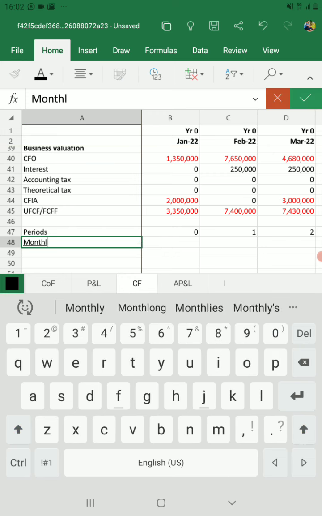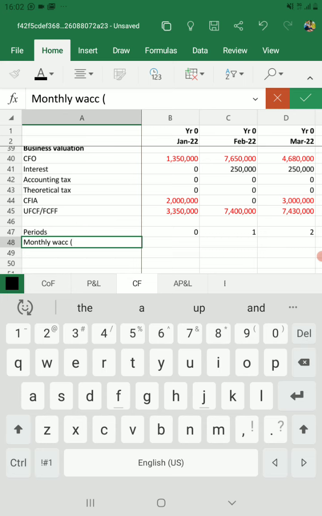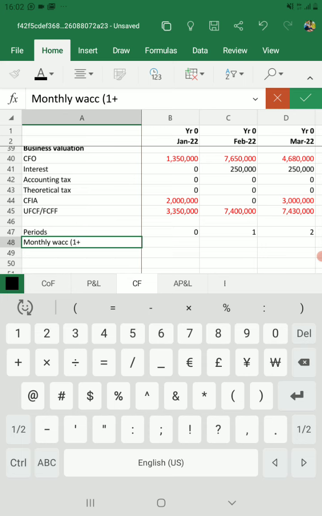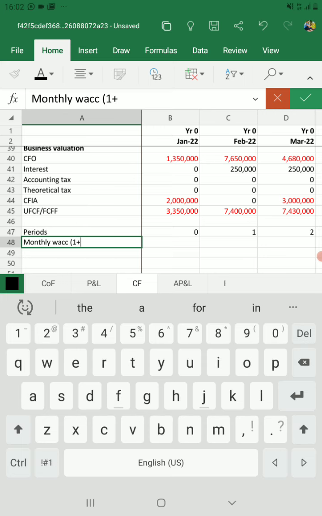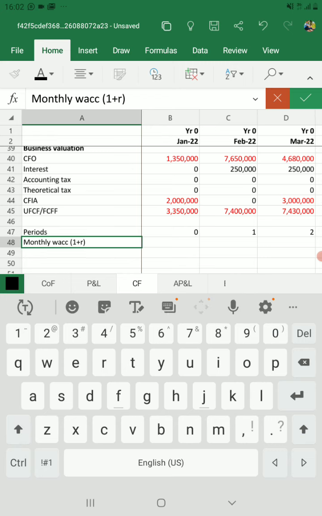The next thing we need is our monthly cost of capital, weighted average cost of capital. Okay, and this one we get by applying this formula: 1 plus annual WACC, that is 1 plus R, and then close the bracket.